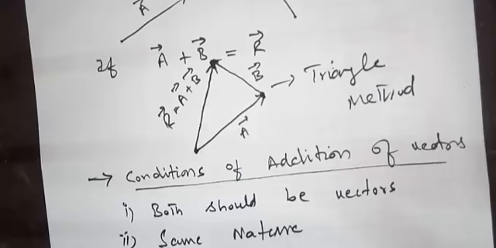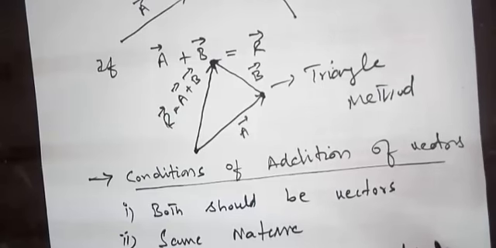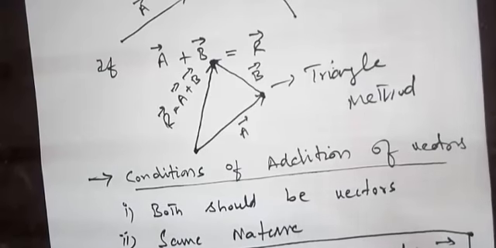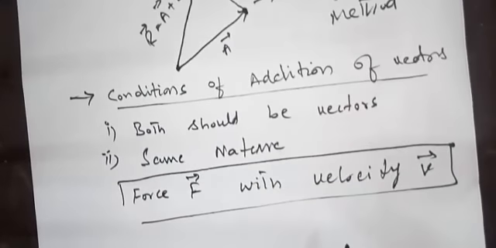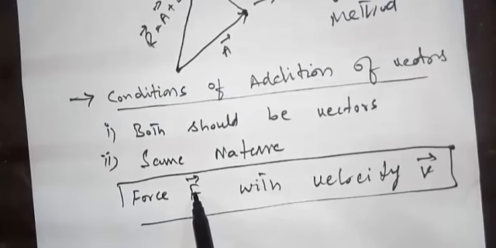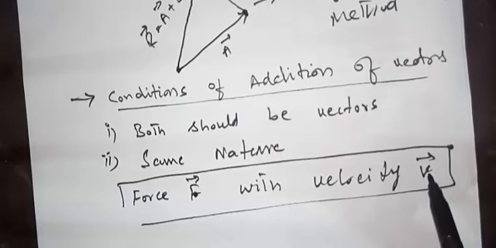Nature means that if you are asked to add force F with velocity V, this particular addition is not possible because force is one quantity and velocity is a different quantity.